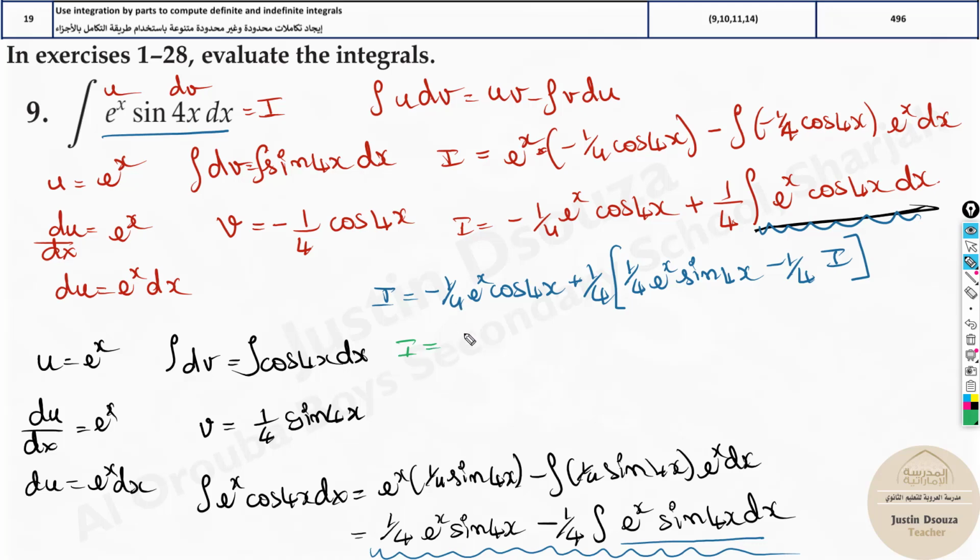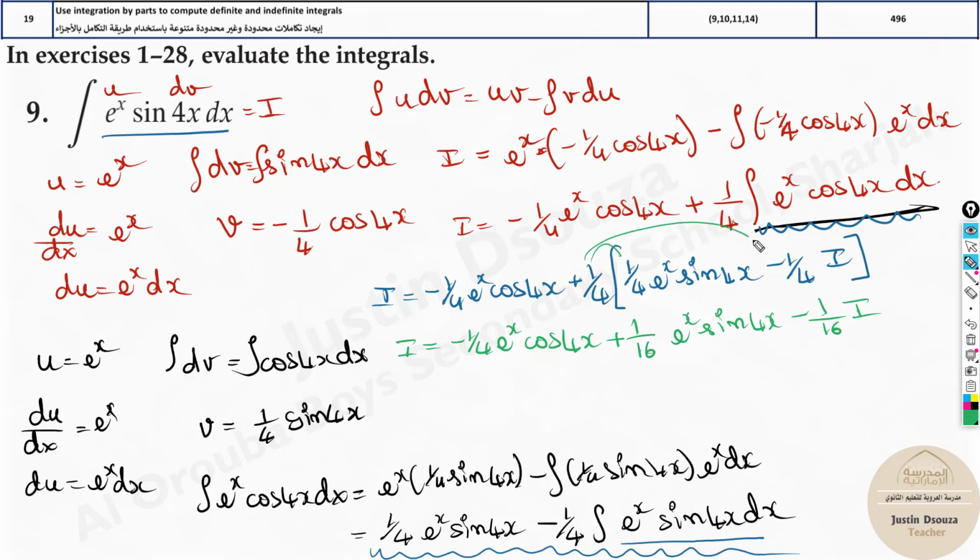So I is equal to, over here, negative 1/4 e power x cosine 4x plus, I'll just multiply this 1/4 inside. So it'll be 1 by 4 times 4 is 16, e to the power x sine 4x minus 1 by 16 I. Why?